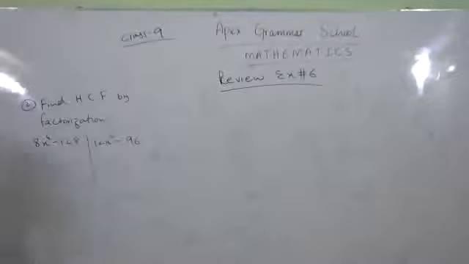We need to find the HCF. So to factorize them, the first rule of factorization is what is common here. So what is common here?